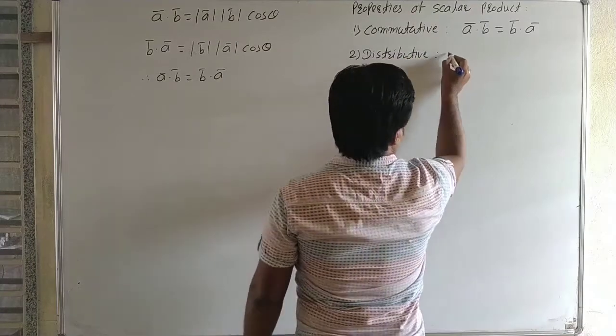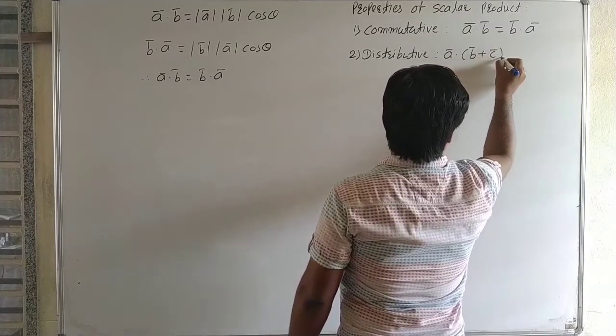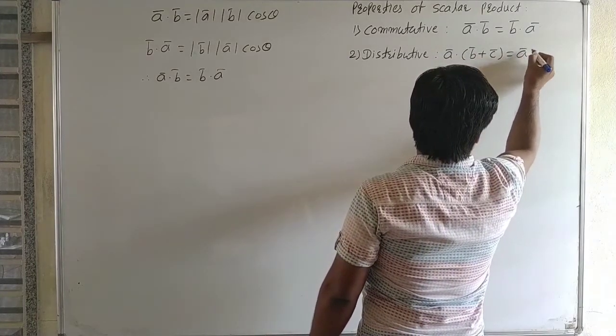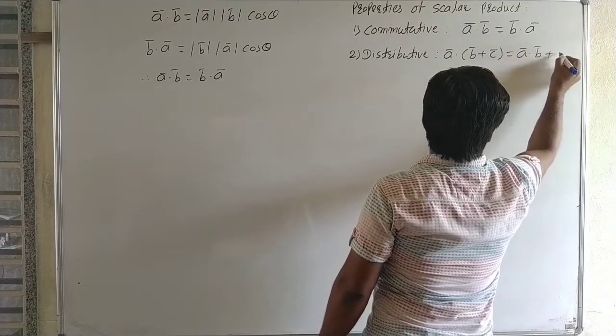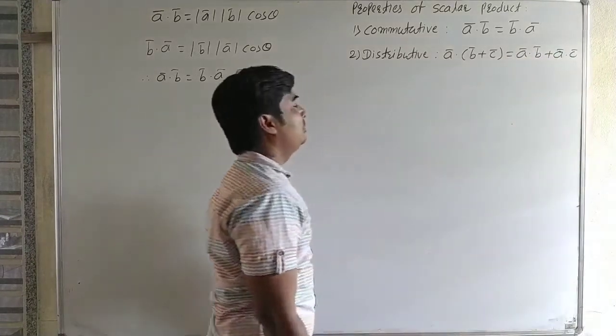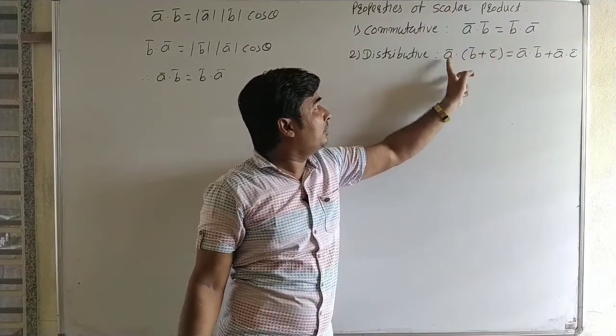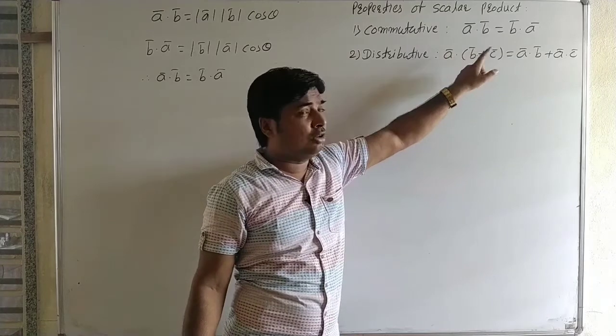Here a bar dot (b bar plus c bar) is equal to a bar dot b bar plus a bar dot c bar, that is, a bar distributes with the addition of two vectors b bar and c bar.